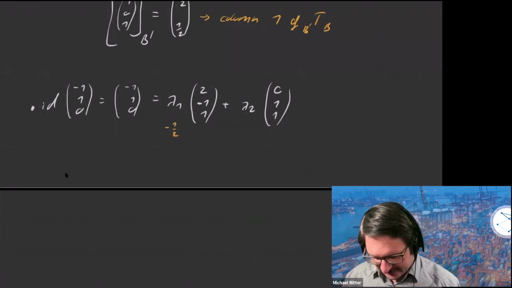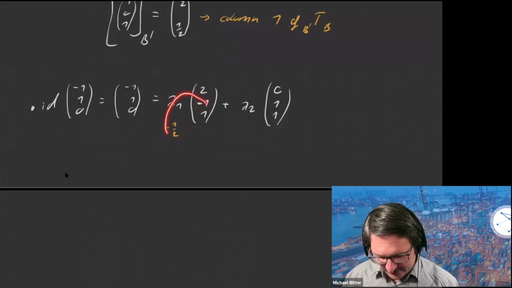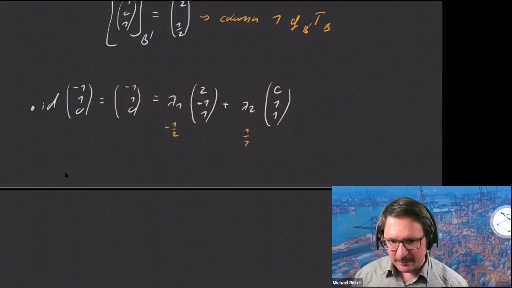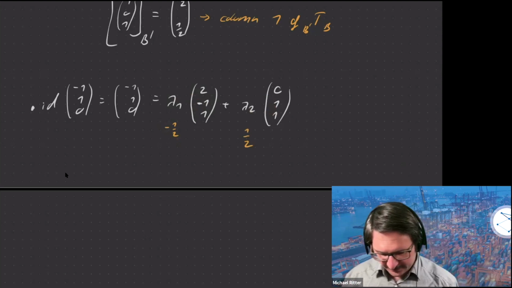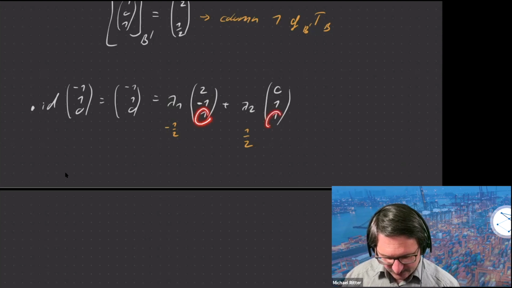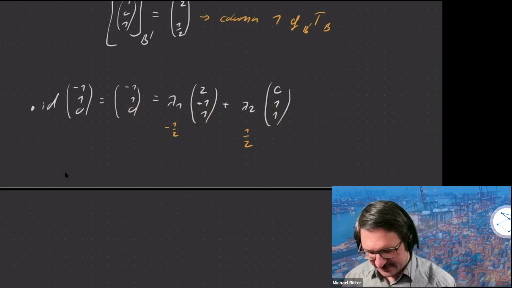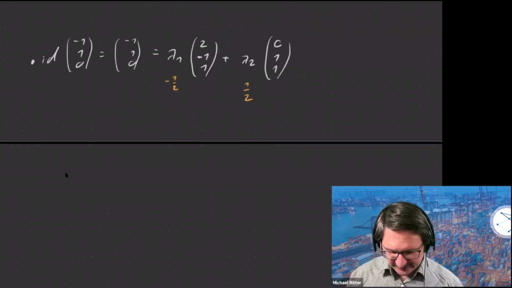Now, if we have a minus 1 over 2 here, then that means the second row has a 1 over 2 plus lambda 2 is 1. So we need to make lambda 2 plus 1 over 2. And in the third row, we'll then get minus 1 over 2 plus 1 over 2, that's 0, and 0 is just the right result. So these are indeed the correct coordinates.